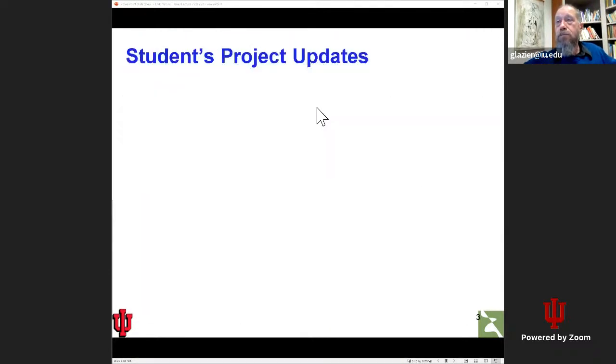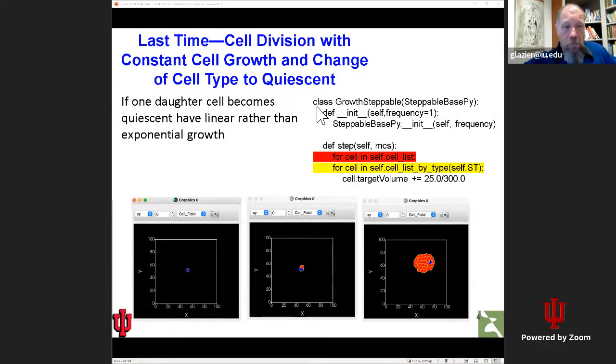I'd like to come back and just briefly review some of the ideas that we were working with last time. Some of these came up a little bit in the homework that I graded, and I tried to make some comments about this. We did a couple of in-class exercises. One was cell division. This is actually one we skipped, so in a sense you have to do it on your own.